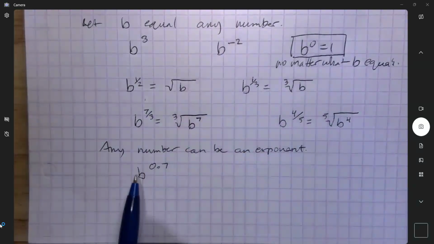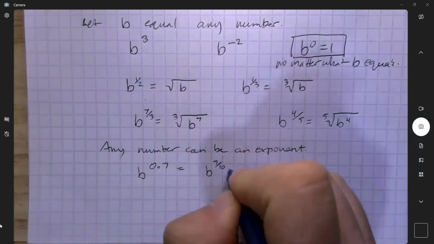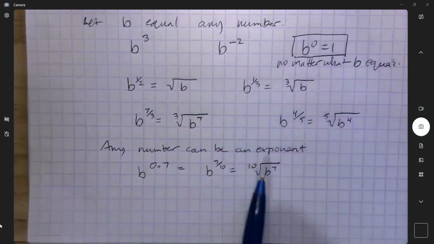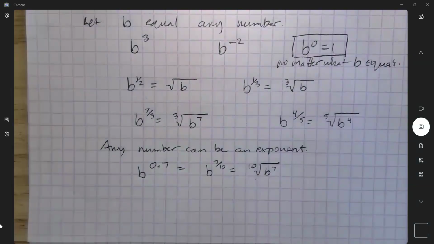I can ask what is B to the 0.7, because I could write that as B to the 7/10, and then I know that's the 10th root of B to the 7, and my calculator understands all three of these operations. I think that's it for our basic rules of exponents.